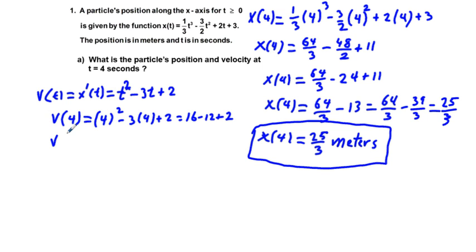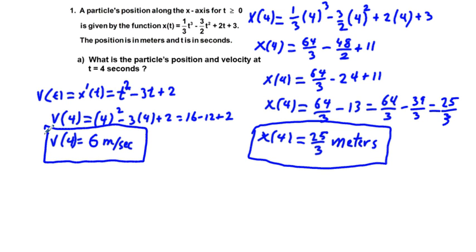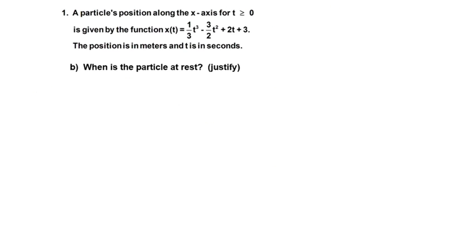So v of 4 is going to be 6, right? Because 16 minus 12 is 4, plus 2 is 6. So we have 6 meters per second. That'll be our velocity at t equals 4 seconds.